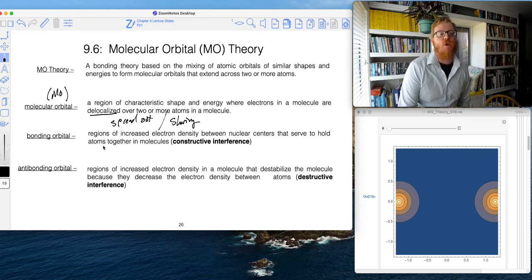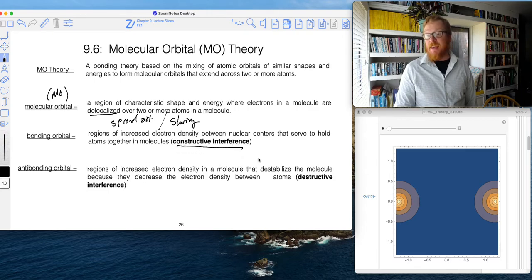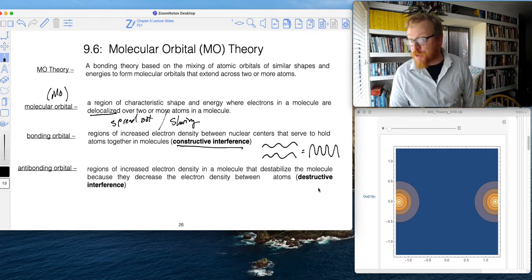So really this is an extension of the molecular orbital to specify that we're talking about a bonding orbital. And constructive interference is the key here. If you recall from our chapter 7, when we have constructive interference, when I add two waves together, I get an even brighter spot.